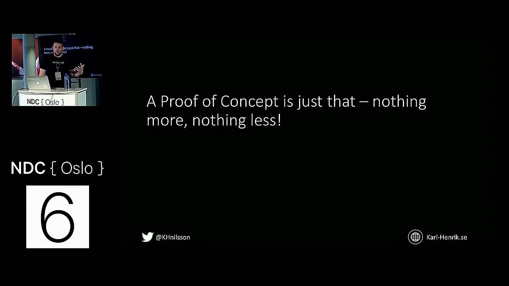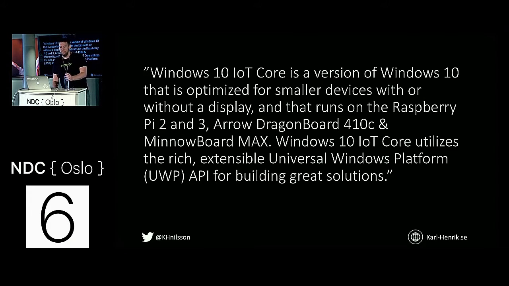I mean, Microsoft isn't even pushing Windows 10 IoT Core on Raspberry Pi that much. They are doing it, but not that much as a hardware platform for building regular hardware stuff. This is the pitch the first time I heard it for Windows 10 IoT Core. I'm going to read it for you in case you can't read.